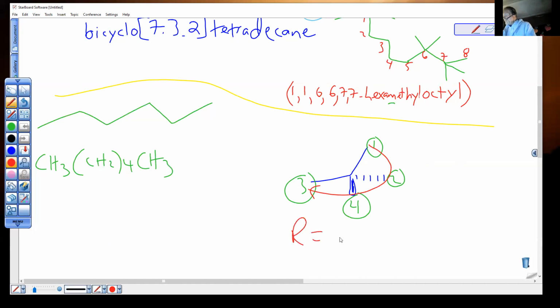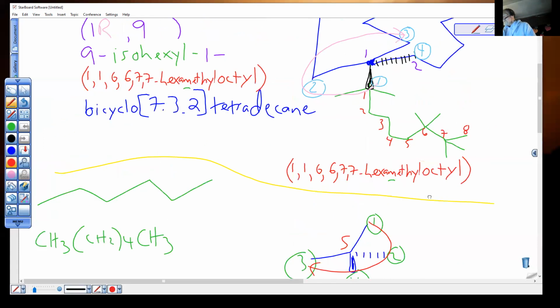R equals wrong. Therefore, the right answer is S. There you go. That's a bad looking S. So we're getting more than just problem set practice here. We're getting nomenclature practice. Okay, back to our example.